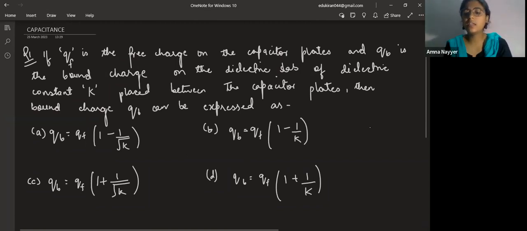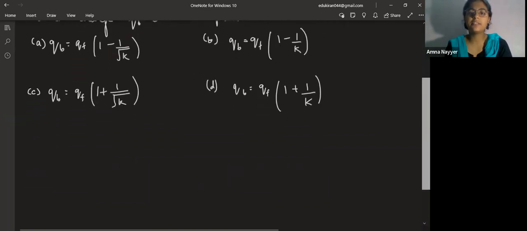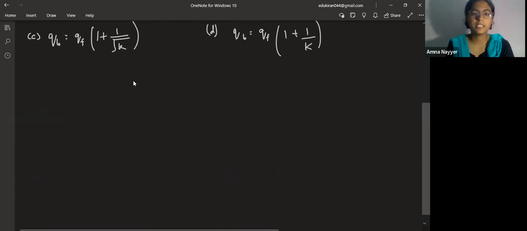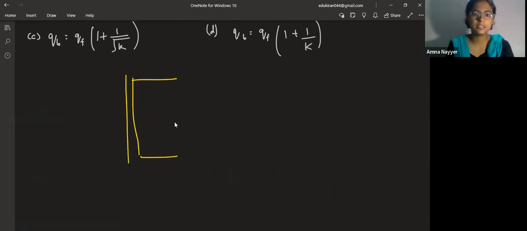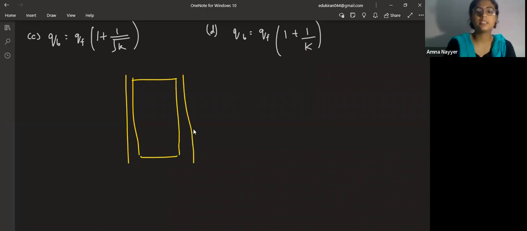So look, you will directly use the formula. What will be the net electric field? Suppose you have two parallel plates. So one will be positively charged.